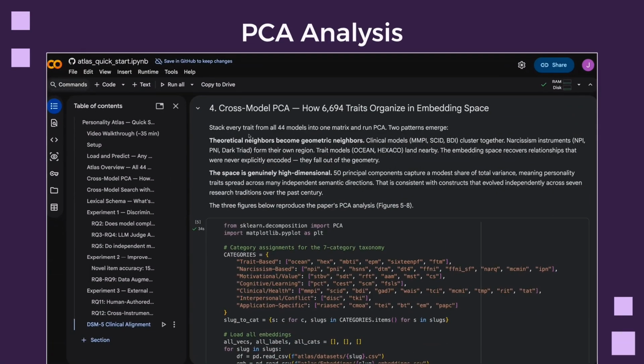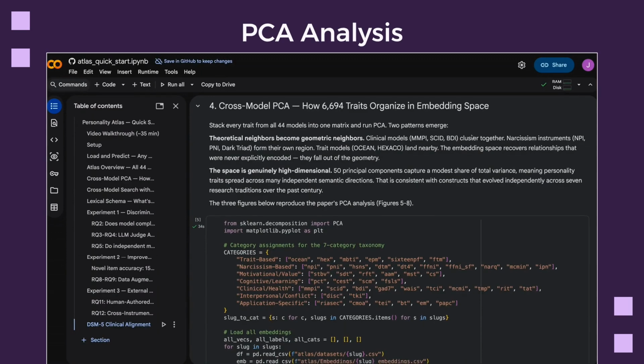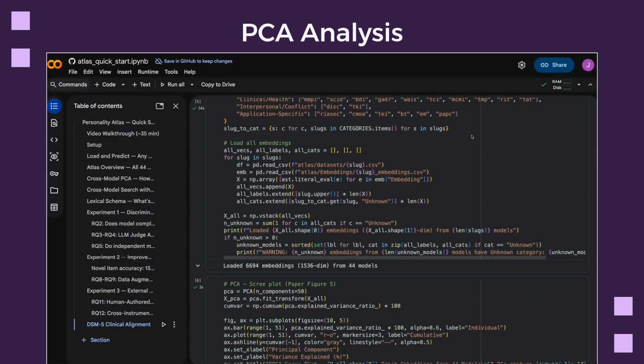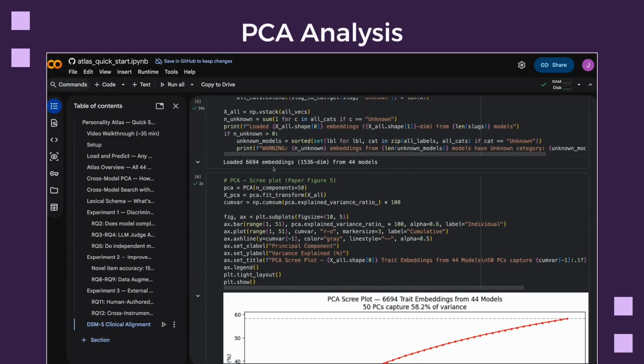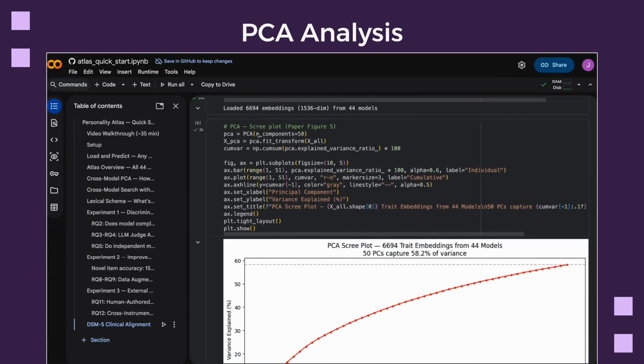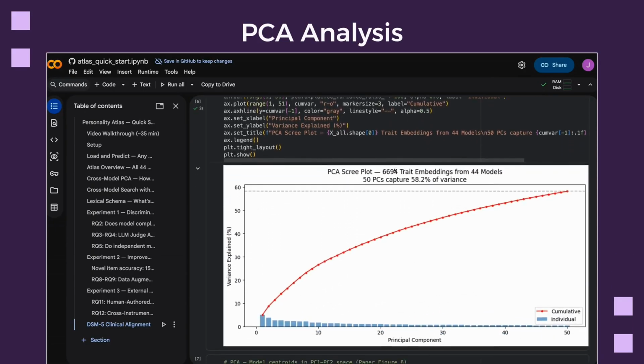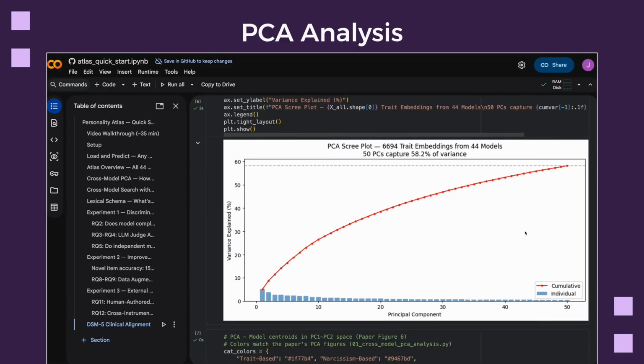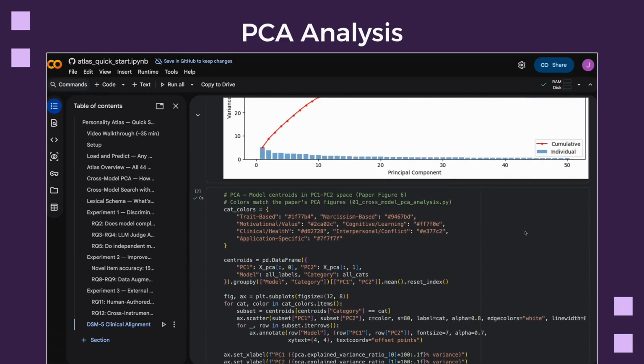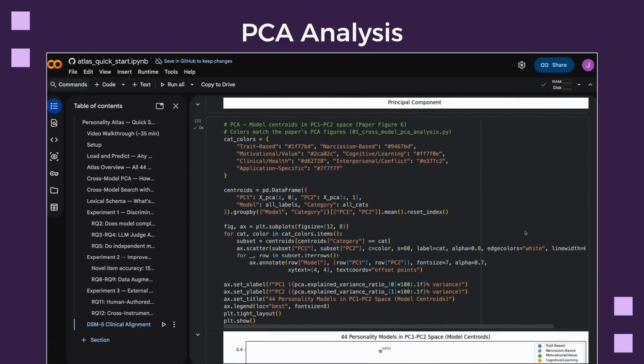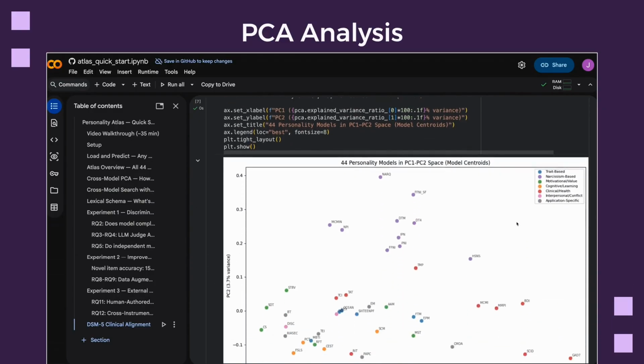The repository includes scripts for cross-model PCA analysis, proving that these 44 models are not just measuring the same few dimensions. The variance is genuinely high-dimensional. We stack all 6,694 trait embeddings into one matrix and run PCA. We've never told the embedding model which traits belong to which tradition. These relationships have to fall out of the geometry.